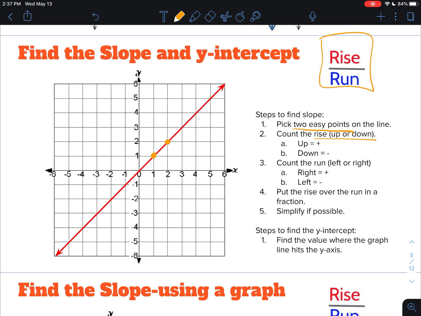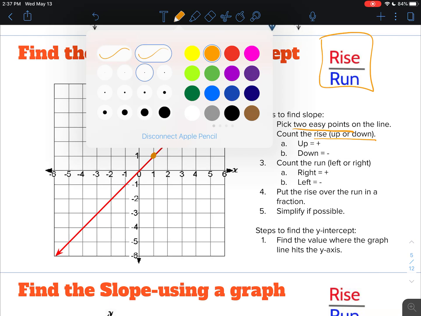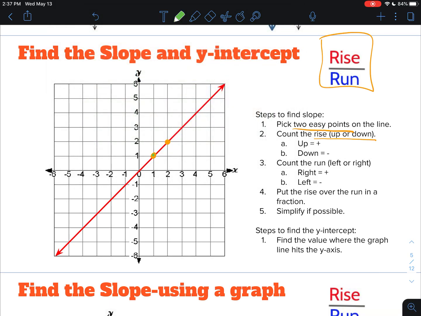So first thing we're going to do is count the rise or the up or down. So I'm going to go from this point here to the other point. I'm going to count the up or down. Well, if I go from this point, I'm going to go up 1. So up is positive 1.